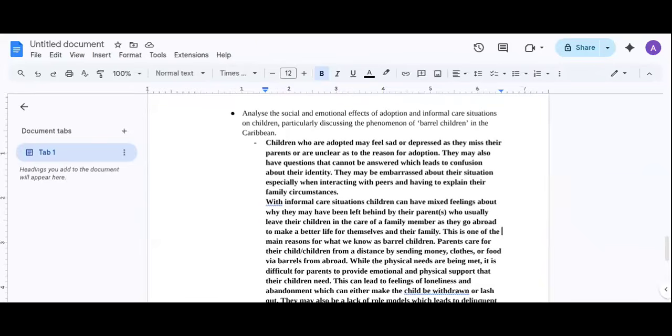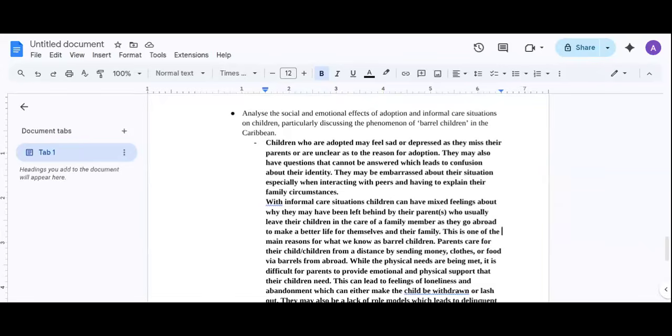So this is how we are analyzing the social and emotional. So emotionally, we could see the effects, them being sad and depressed and all of that. And socially, they're being embarrassed about their situation when it comes to their peers. So we looked at the analysis there.